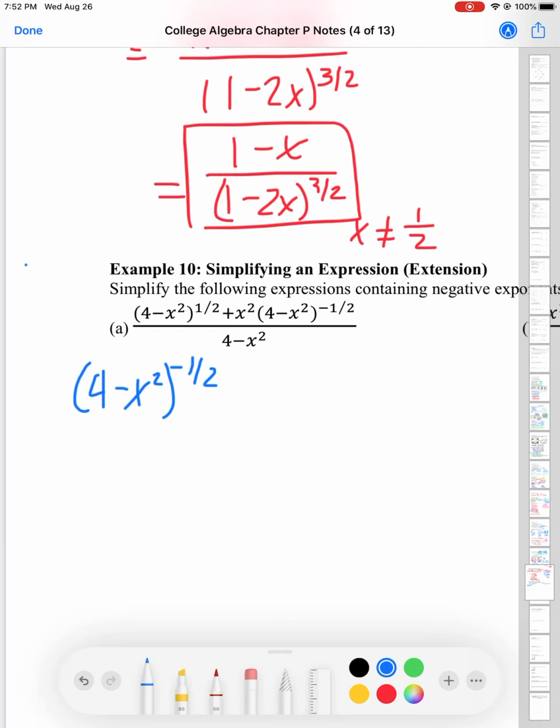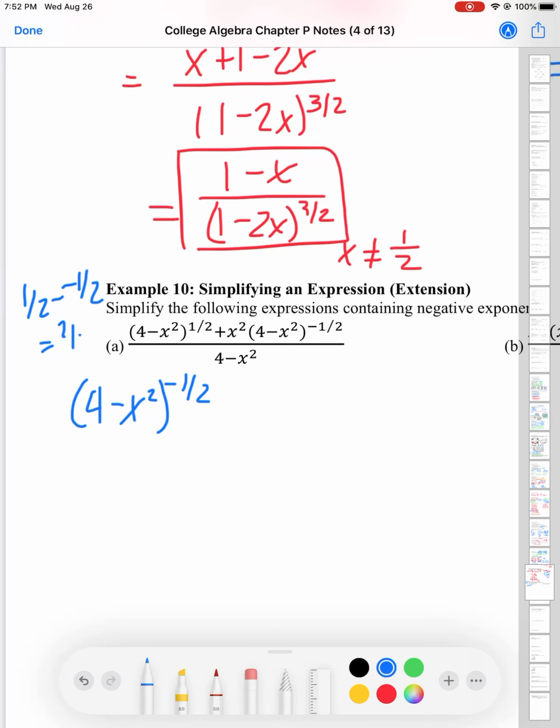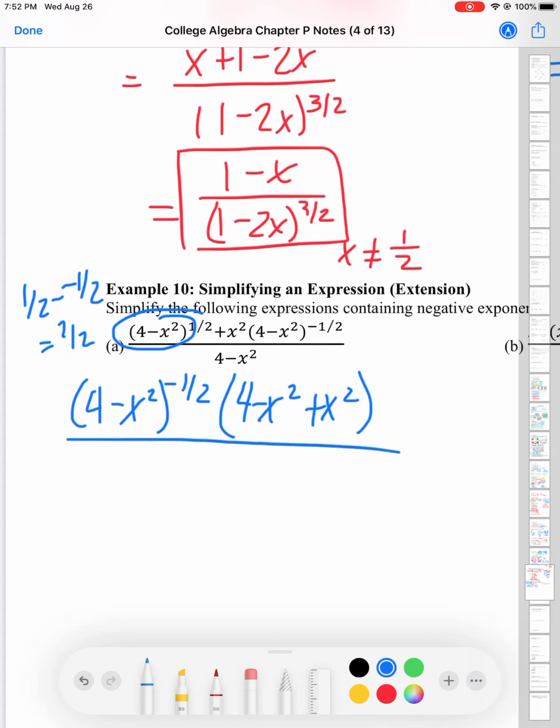When I factor out the -1/2, so 1/2 minus -1/2, I'm left with 2/2, which is 1. So I'm left with (4 minus x squared) to the first power right here, plus x squared over 4 minus x squared.